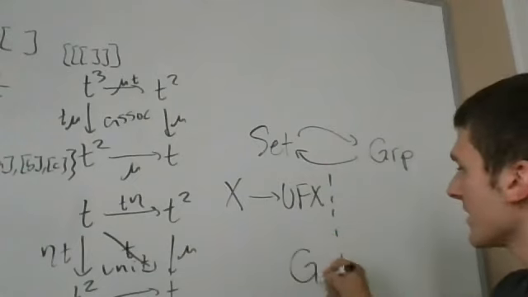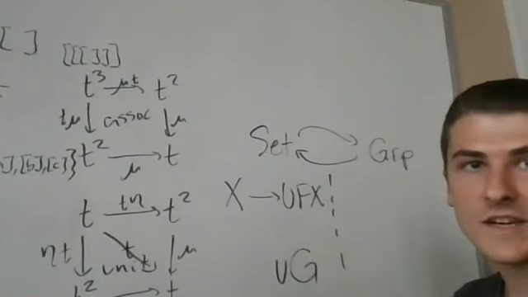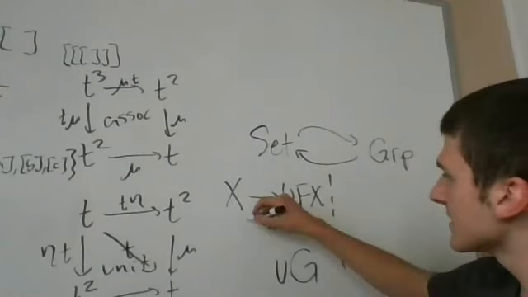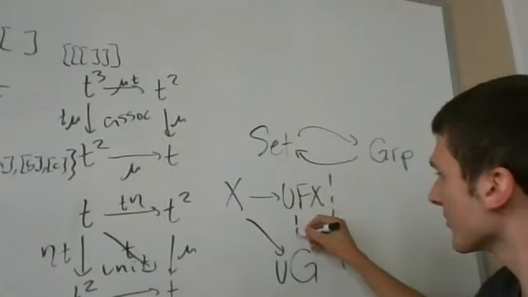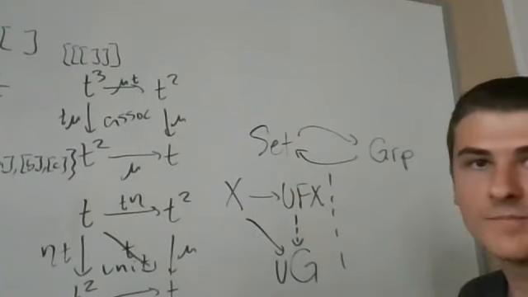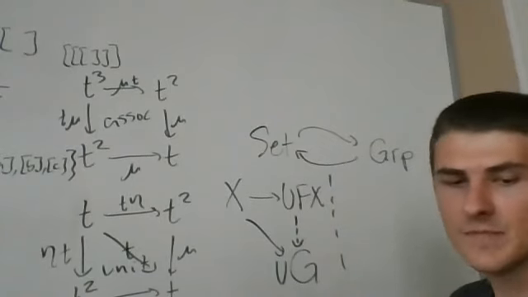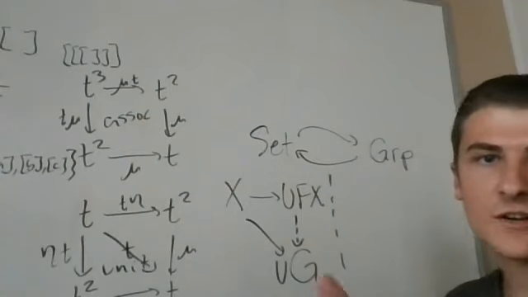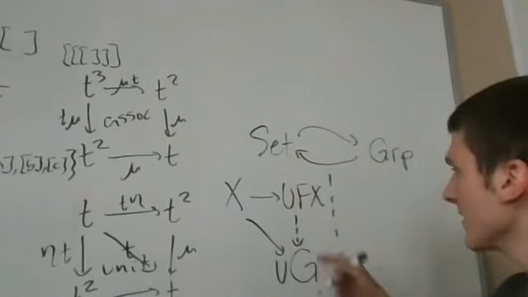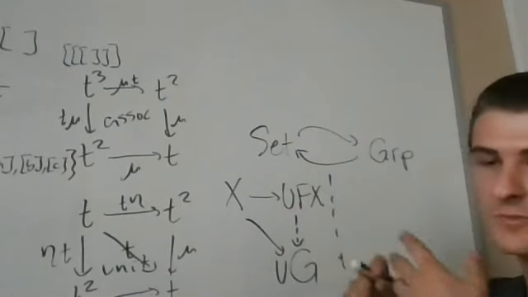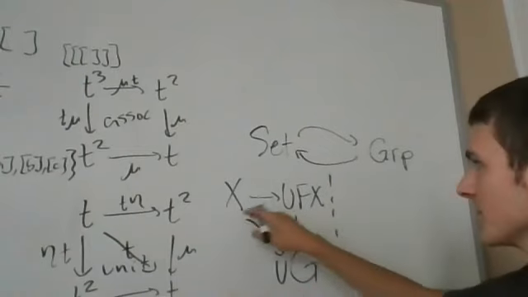Then any other time that you try to put a group structure on that set, that addition of structure is going to factor through that free group. And the idea is like, if you've ever heard of presenting a group by generators and relations, then that's what this is doing: the free group has no relations, and you just do the groupiest possible thing with your set.